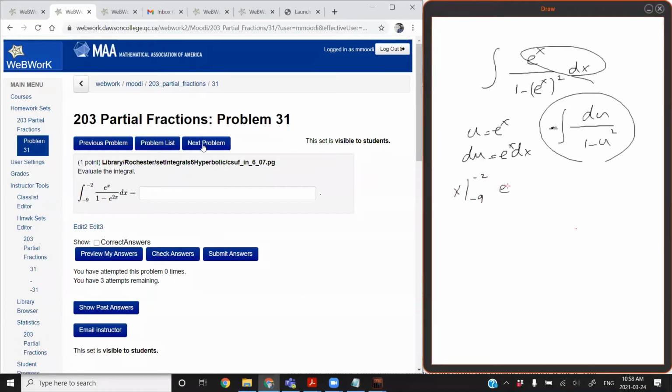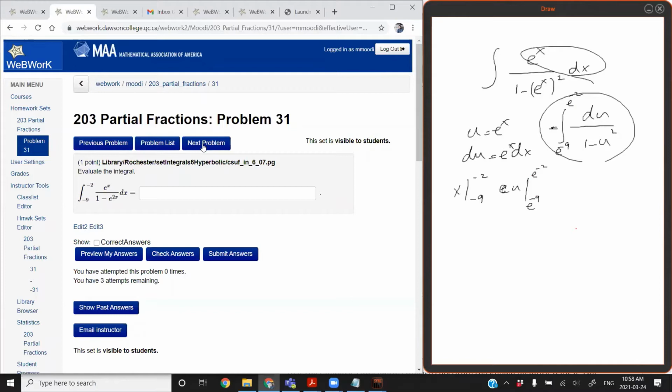Then u, which is e to x, is going to be from e to -9 to e to -2. So then you would do this from e to -9 to e to -2, and when you're done, you can just use these new bounds. You don't have to go back to the old ones. Okay, thank you. That makes sense.